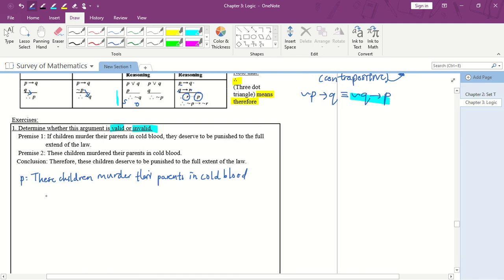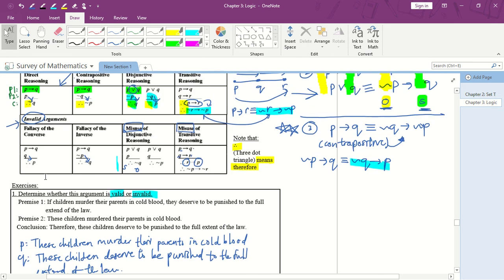The Q is the next sentence here: these children deserve to be punished to the full extent of the law.